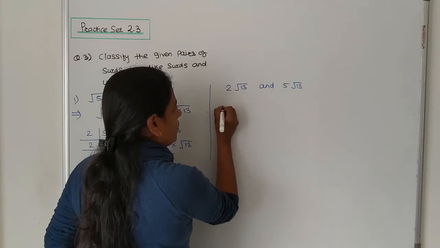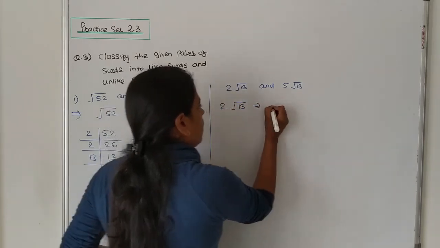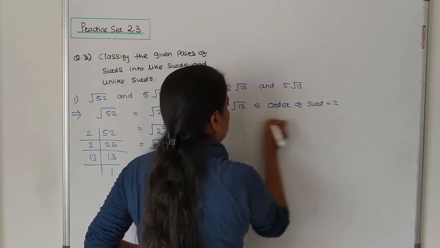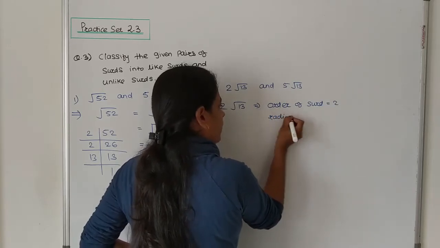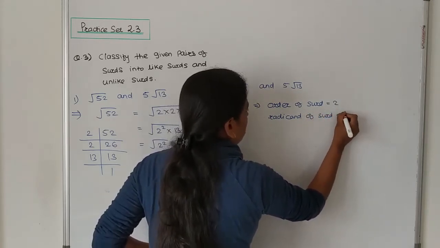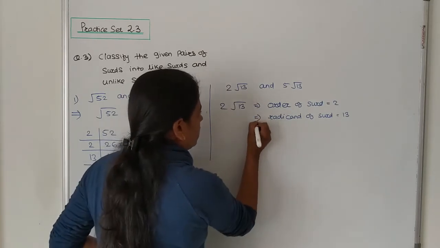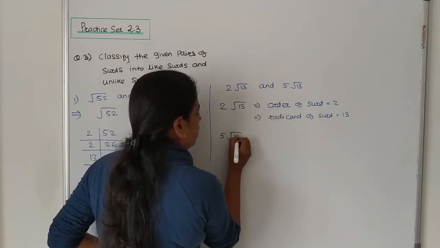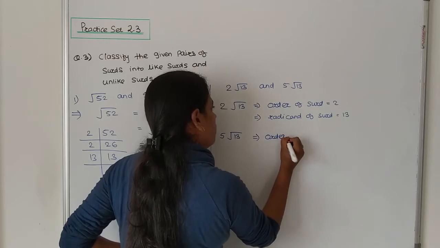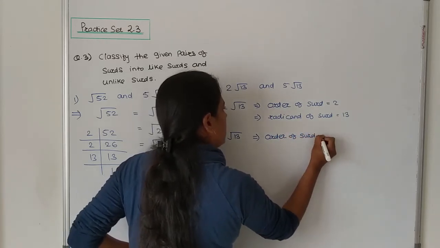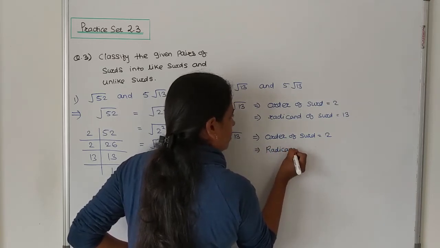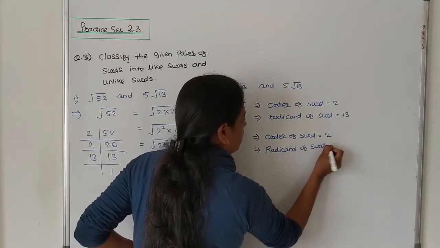For the first one, 2 root 13, the order of the surd is equal to 2 and the radicand of the surd is equal to 13. Similarly, for 5 root 13, the order of the surd is equal to 2 and the radicand of the surd is equal to 13.